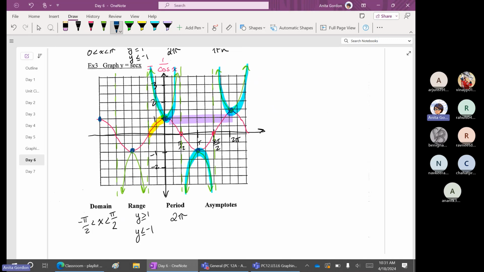What's the pattern that I would apply to the asymptotes? On the first one, and then how many times? Pi by 2. And pi or pi by 2?